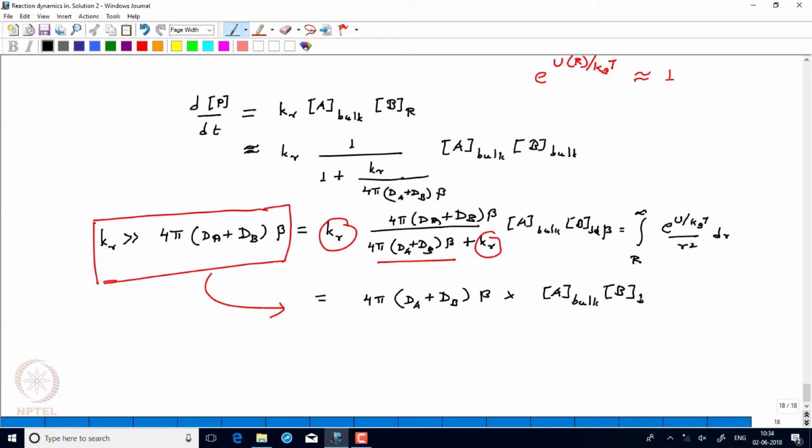So what we see here, the effective rate constant as before is nothing but 4 pi dA plus dB, but there is an additional term which is beta, and that's how it is getting included.